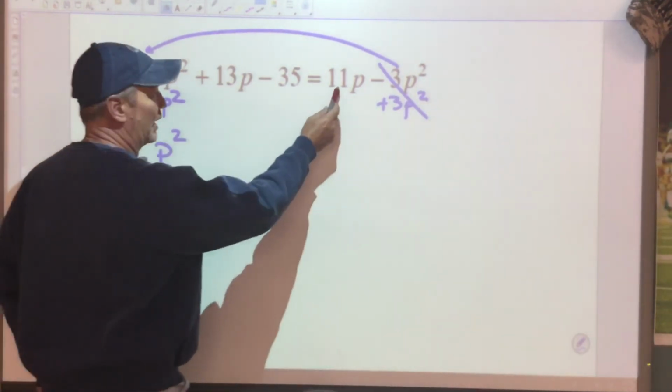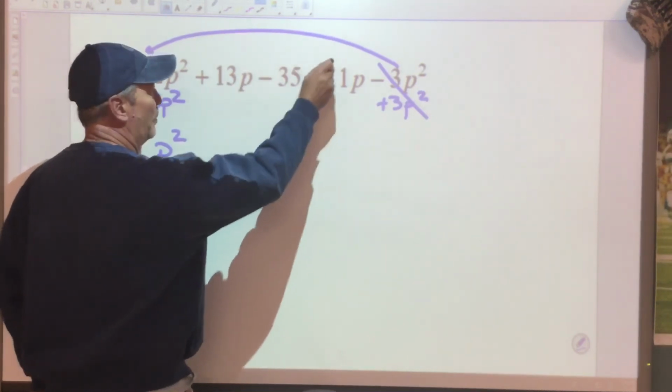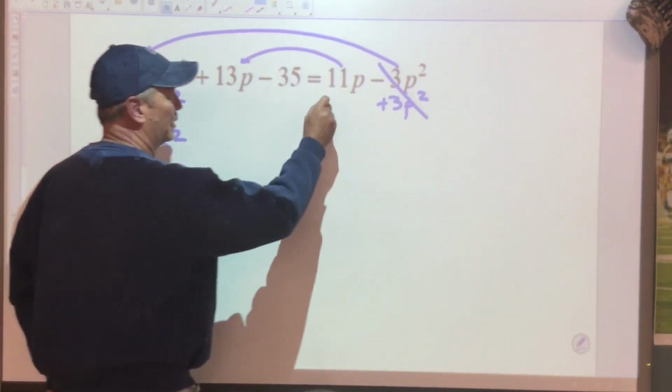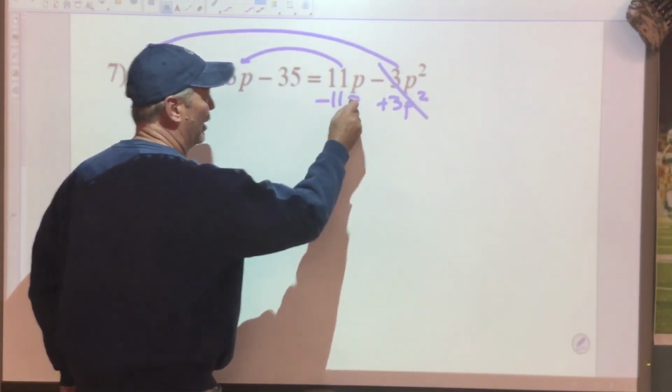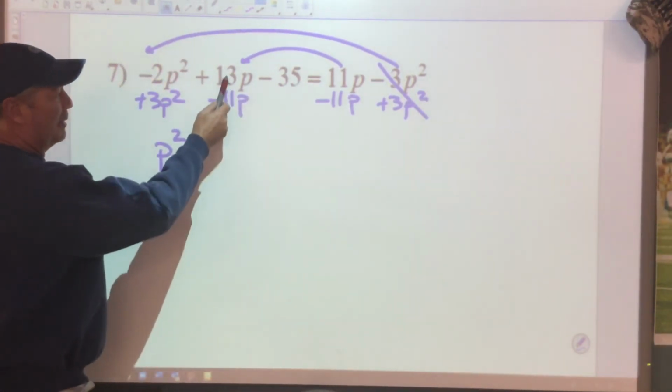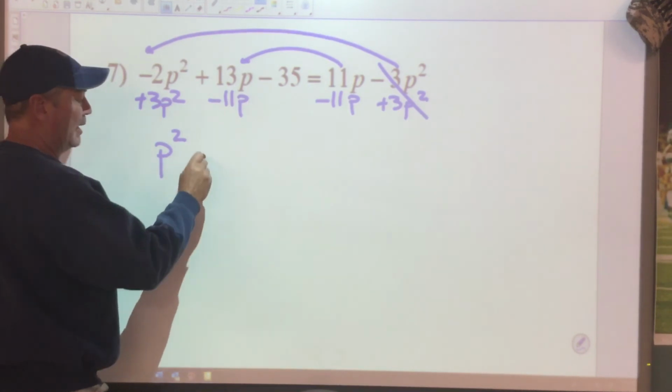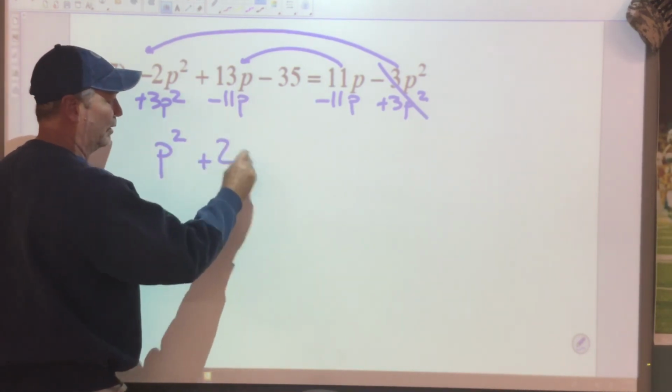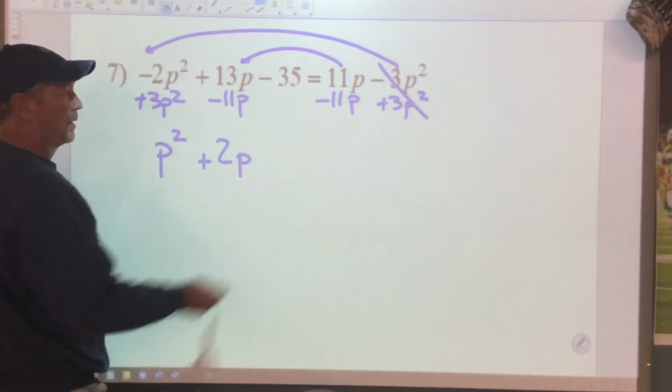Then I'm going to move the 11p. I'm going to move the 11p over here also. I'm going to say minus 11p. I'm going to go minus 11p. 13 minus 11 is going to give me a positive 2p. This cancels.